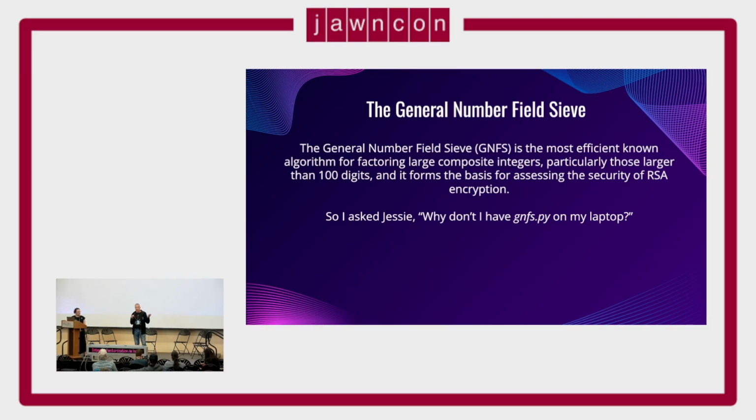So I asked Jesse, hey, why don't I have a number field sieve.py on my laptop? Now, not that we're practically going to be able to factor a very large number, but it would be good to see in code how one would do that using the most efficient way, right? So, hey, Jesse, why don't I have number field sieve.py on my laptop?